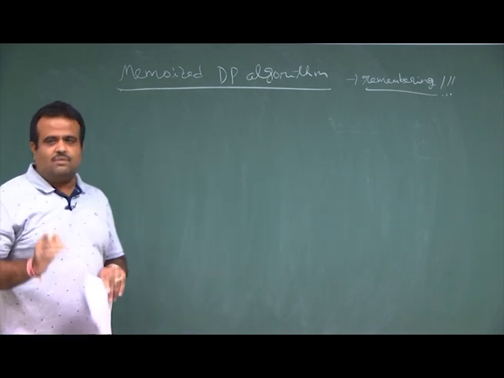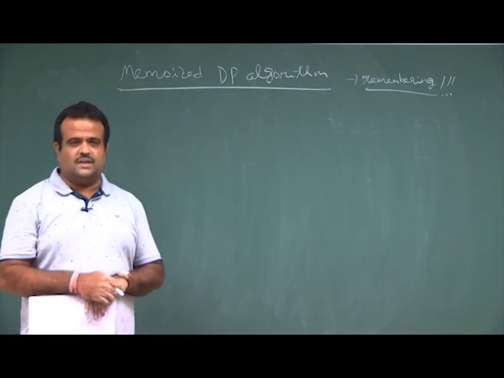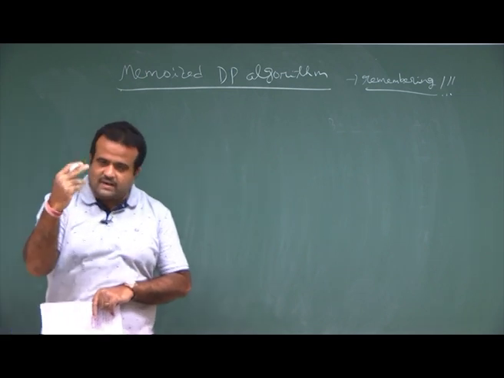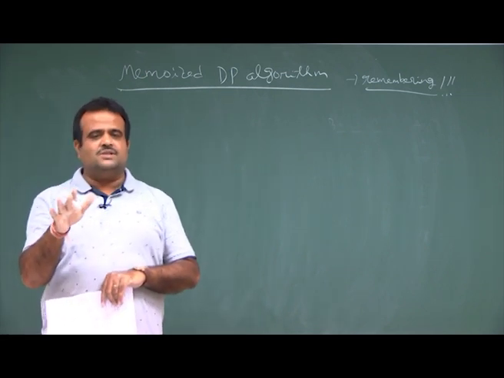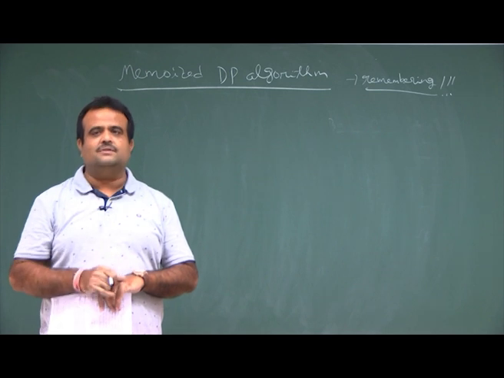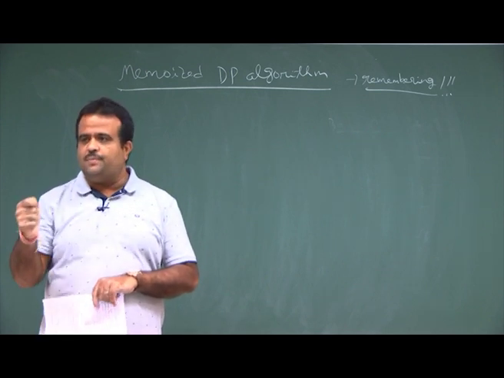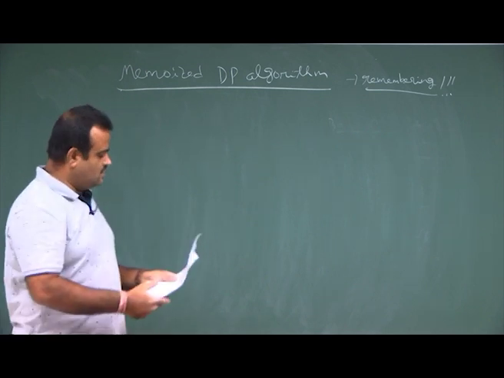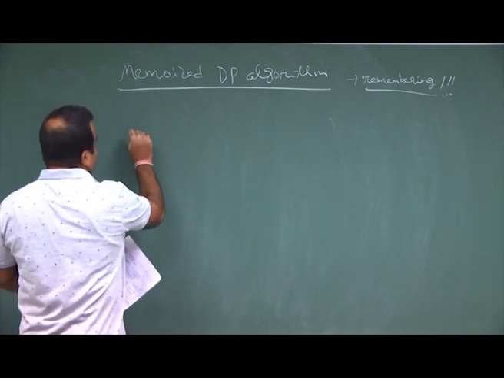We use a dictionary, once we compute the value, we put it into the dictionary. Now, when we look at the dictionary, if the value is there, then we will get that, otherwise we have to compute it, and once we compute it, we put it into the dictionary. So, that is the memoize, that is the remembering.